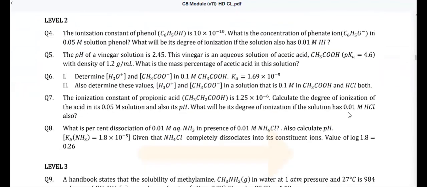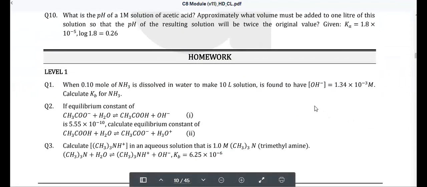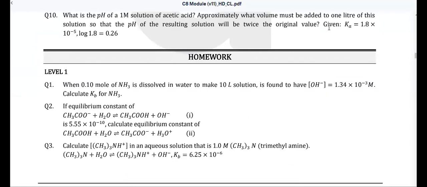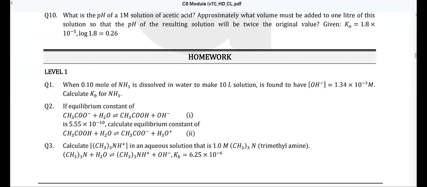Now when we talk about the homework of 8.2, tell me everyone, question number 1, 2, 3. I guess none of you might have an issue with questions 1, 2, 3, or is anyone having a doubt?